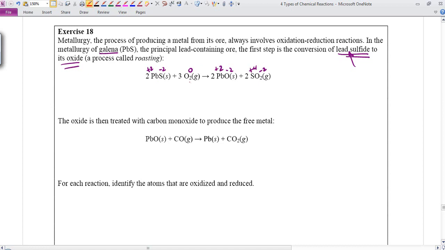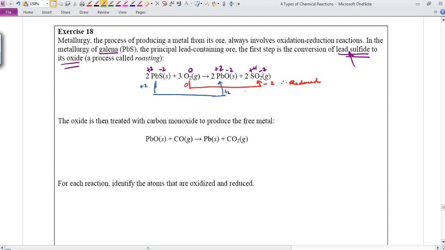Well, this oxygen right here at 0 has been reduced to a -2. What else has happened? This lead at a +2 is staying at a +2.